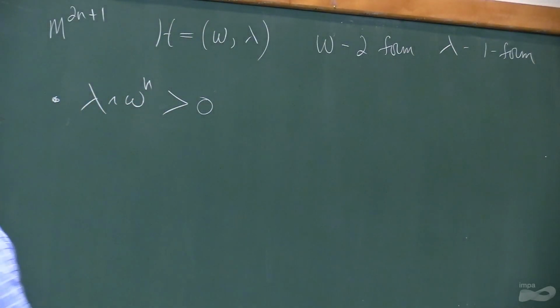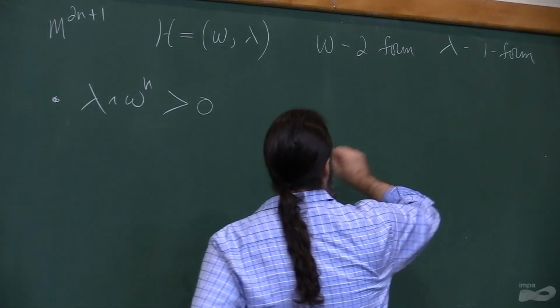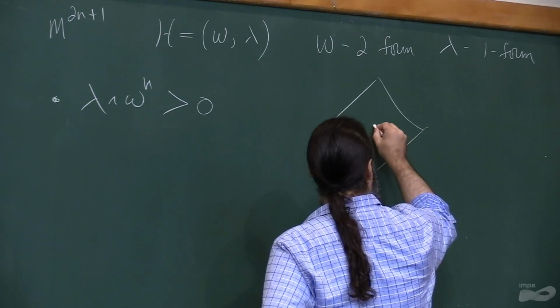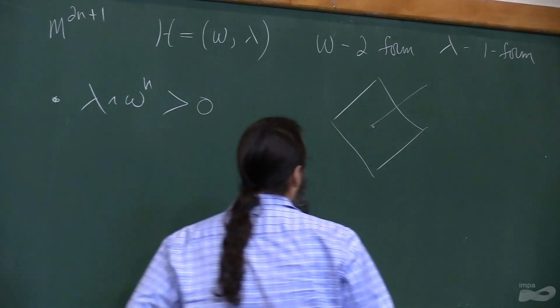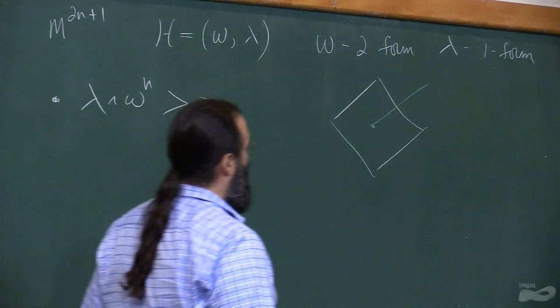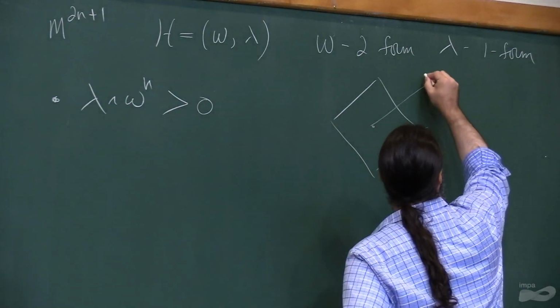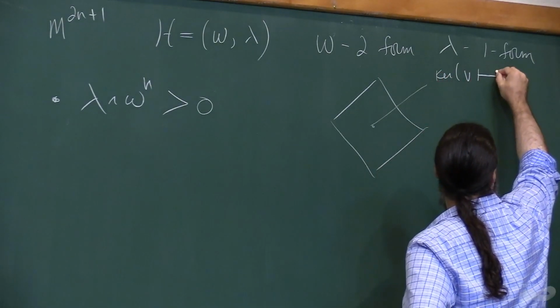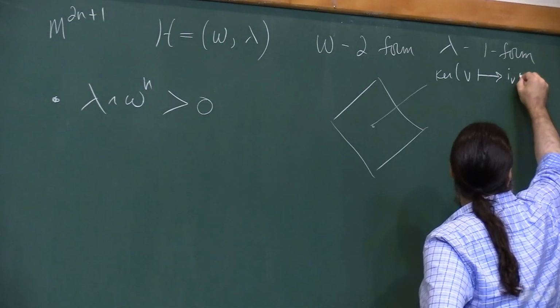Okay, and so what this ends up giving us is a splitting of the tangent space at each point. So it tells us that omega has at most a one-dimensional kernel. So kernel, and by that I mean the kernel of the map that takes a vector v to the contraction of v with omega.